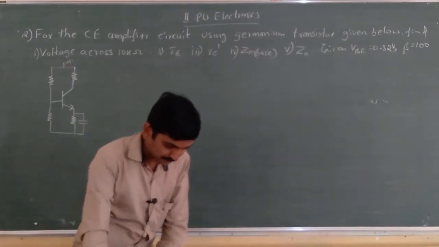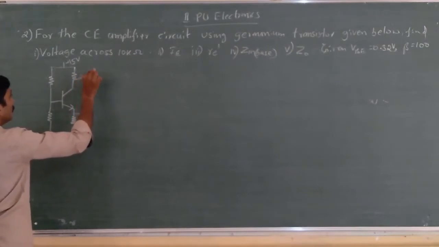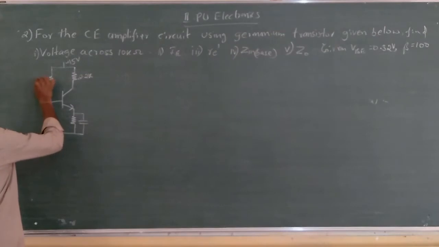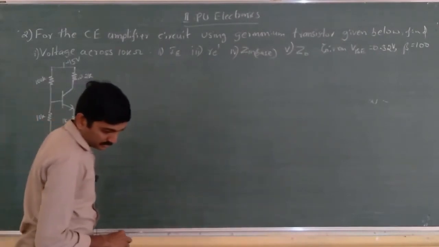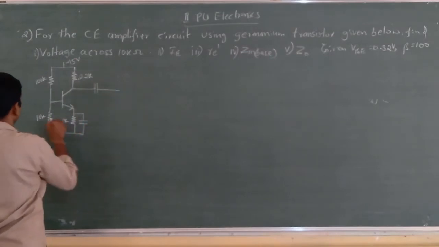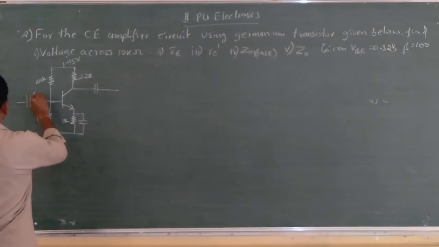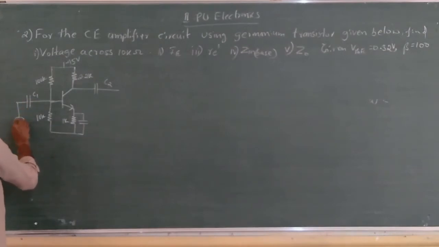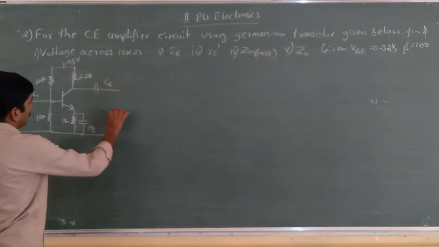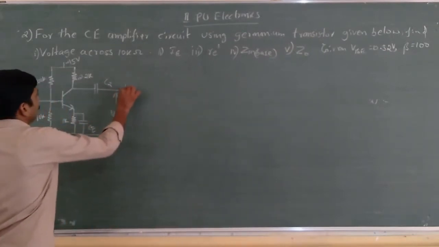VCC 15 volt, 2.2 kilo ohm, 100 kilo ohm, 10 kilo ohm, 1K, C1, C2, 10 millivolt, CE. No load resistance is given. V0.